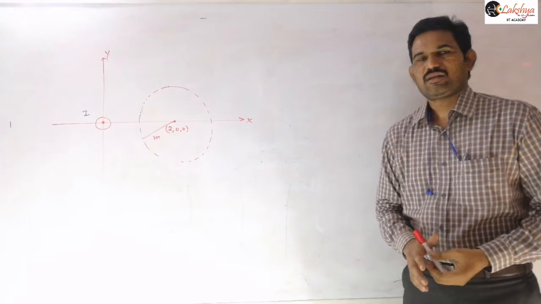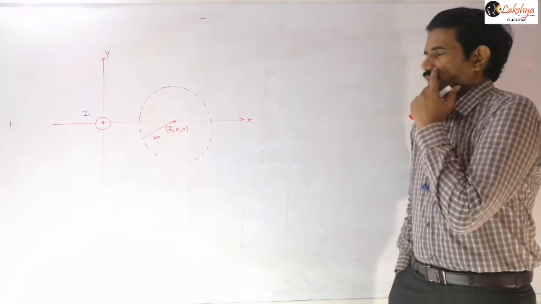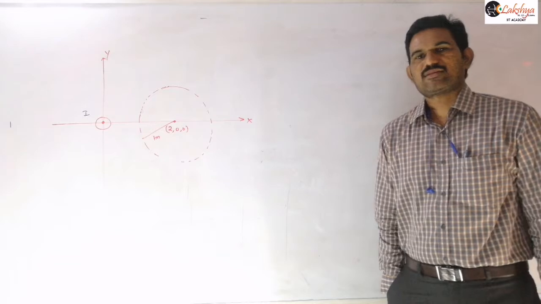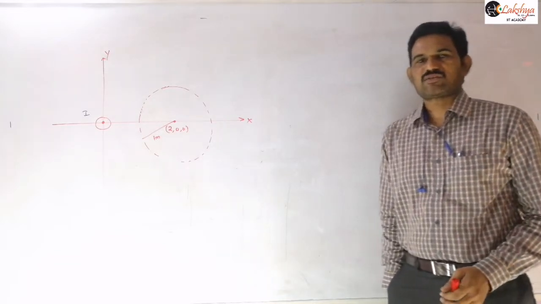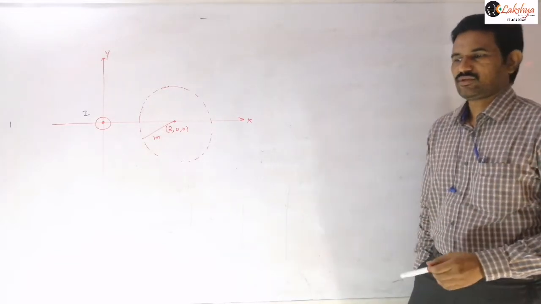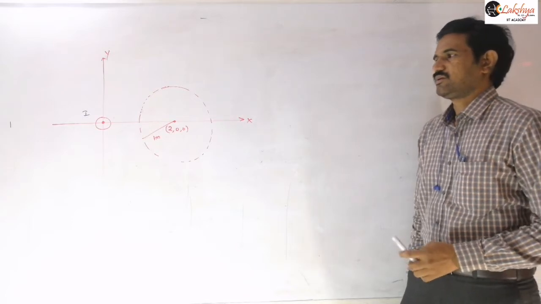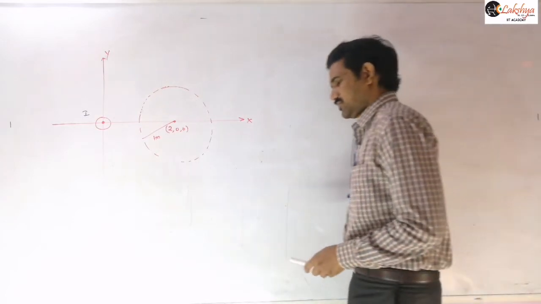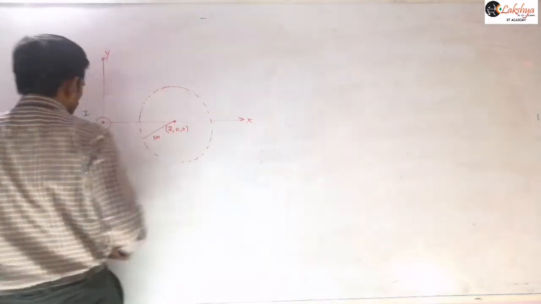Consider a circle of radius 1 meter in the xy plane with its center at (2, 0, 0). Different questions are there in this.